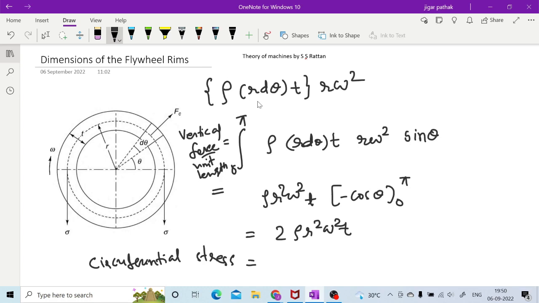One second. Unit length we are taking, na? That is why I guess it is like this. Okay. सर यूनिट लेंथ ऑफ व्हाट? Unit length of this flywheel.